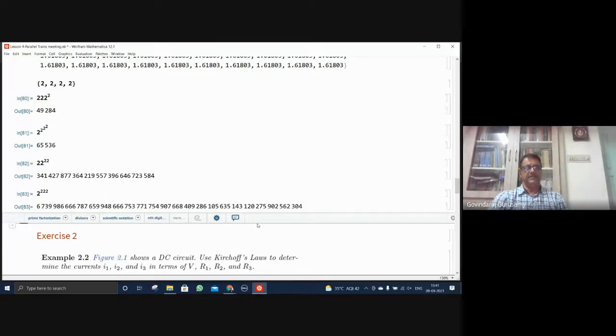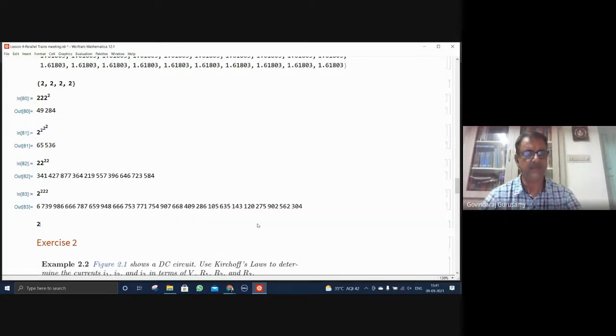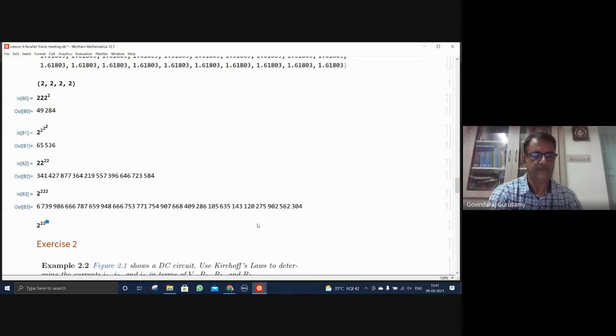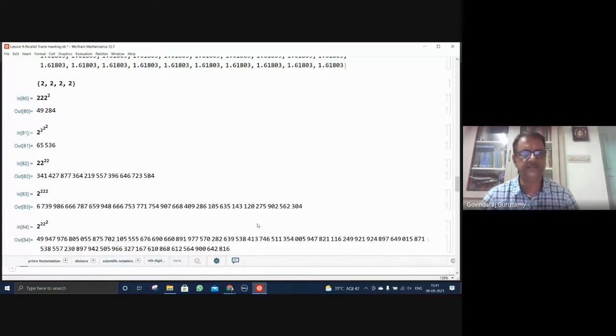Any other possibility? I can have 2 power 22 power 2. Possible? Then shift enter. This seems to be bigger. So we have 1, 2, 3, 4, 5.